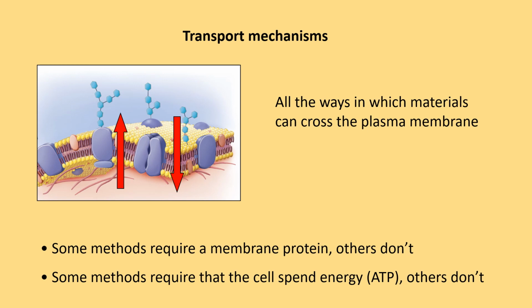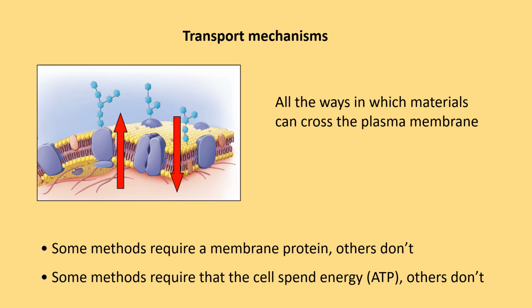So all the ways in which substances can cross the plasma membrane, those are called transport mechanisms. So if I'm walking down the hallway at school and Dr. Reyes says to me, "Hey Laura, what are you talking about in class today?" and I say transport mechanisms, he instantly knows that we're talking about the plasma membrane and all the ways in which different substances can possibly get across it.